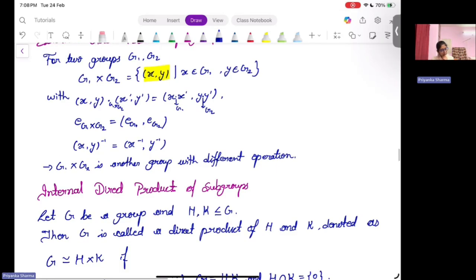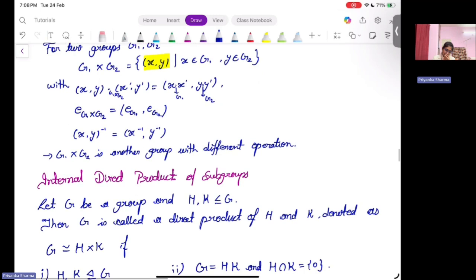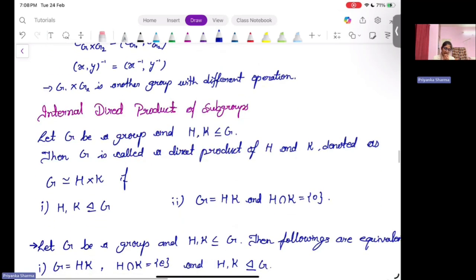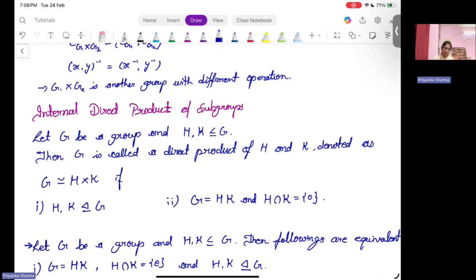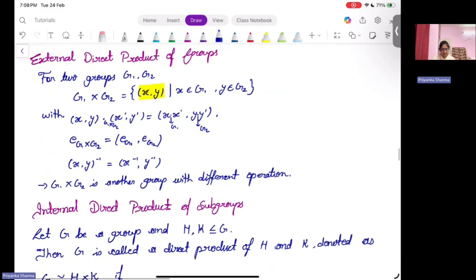Obviously the identity element means the point-wise identity, and the inverse again we calculate point-wise, or group-wise we can say, using the operations which are used to define the product. So here G1 cross G2 is another group. This is why we say this is the external direct product.